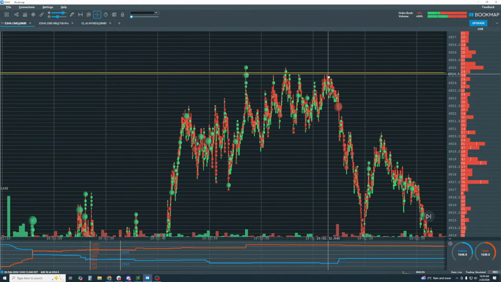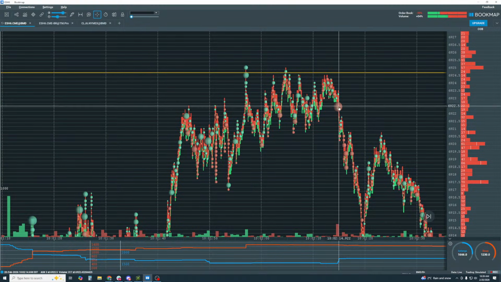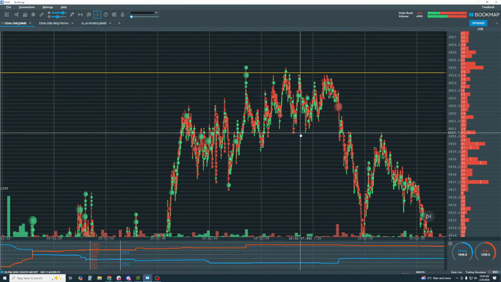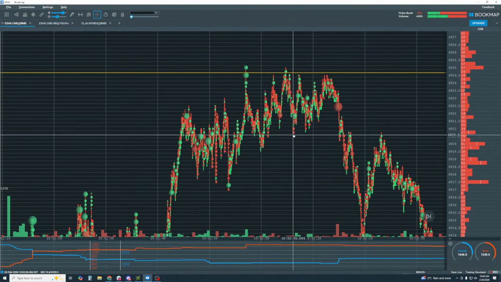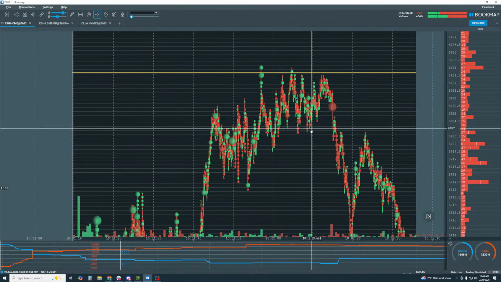We're not finding anyone willing to take it higher. Once we start to see the aggressive selling come back in, like here, we're looking for the bottom of the range, or it could be a reversal as well. Put the pieces together, looking for that lack of trading up here.